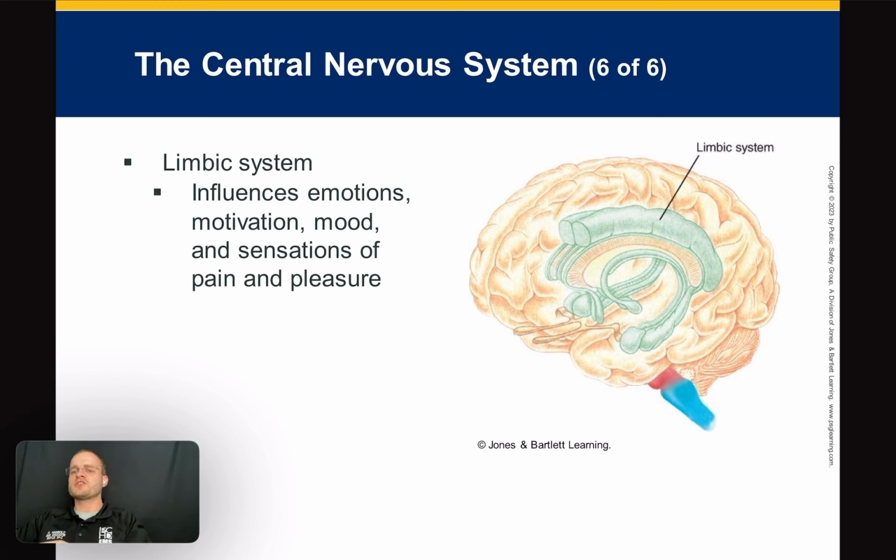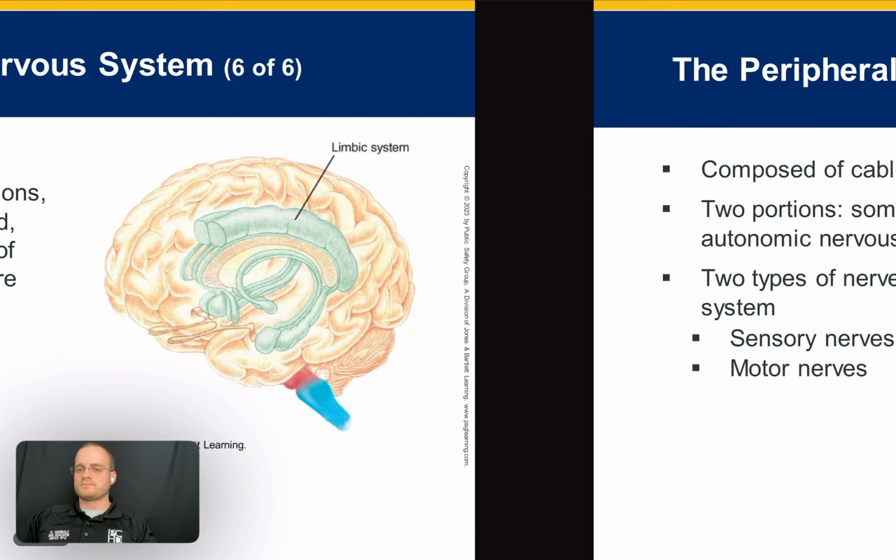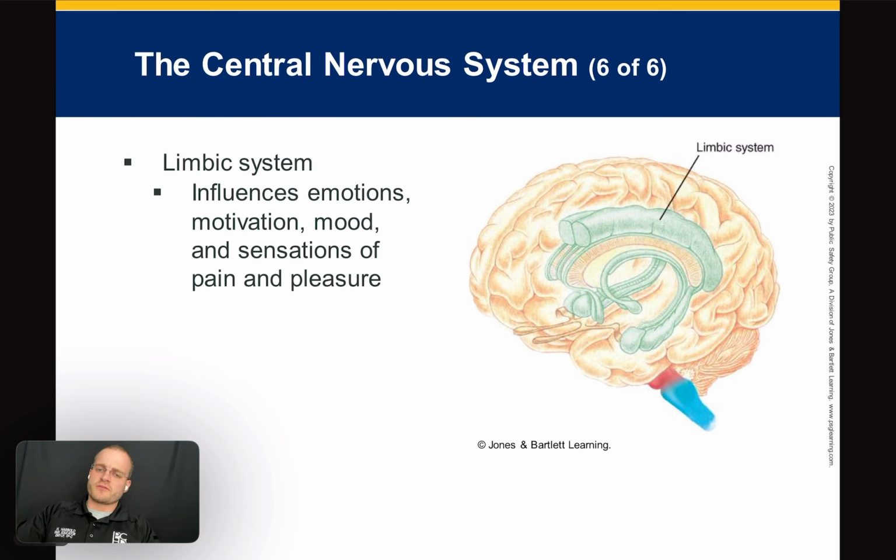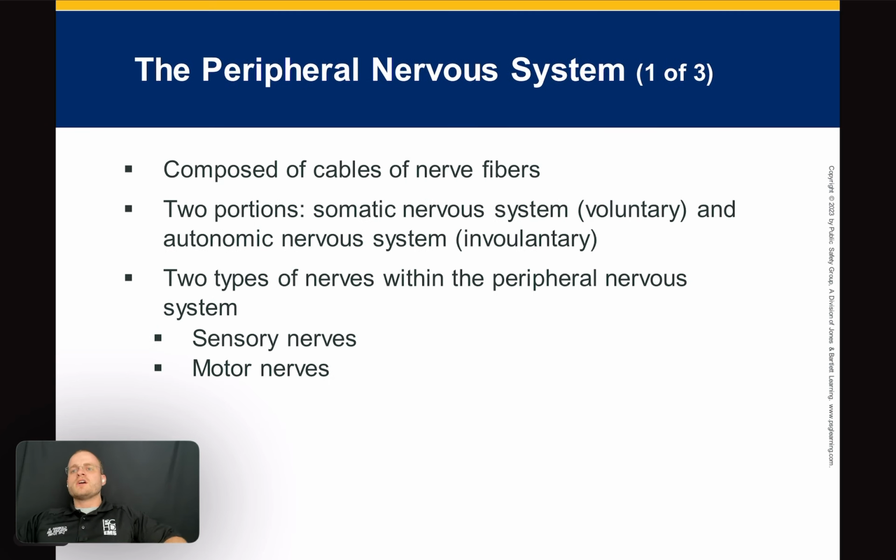It has a lot to do with inhibition. So just be aware, the limbic system equals emotion. I have straight up seen that tested on exams. I don't know why, but it happens. Okay? Limbic system equals emotion. And the limbic system is made up of several things, like the amygdala and stuff like that, but the limbic system equals emotion. So that was the central nervous system, a very, very brief explanation of it.